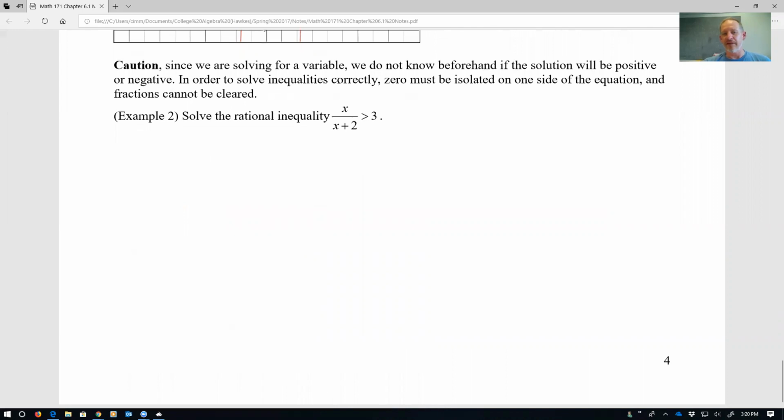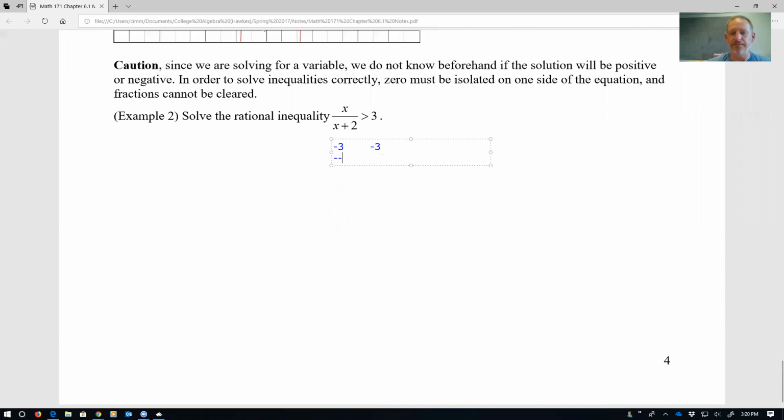So in order to solve inequalities correctly, 0 must be isolated on one side of the inequality and fractions cannot be cleared. So really what that means, and this is an important step, is that we have to get one side equal to 0. What we have to do is subtract 3 from both sides. So that's what we're going to do. Subtract 3 from this side and subtract 3 from this side.